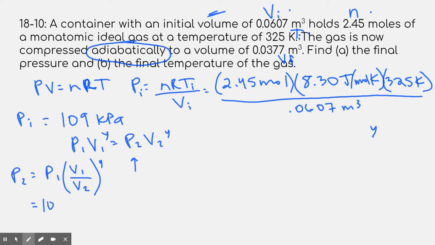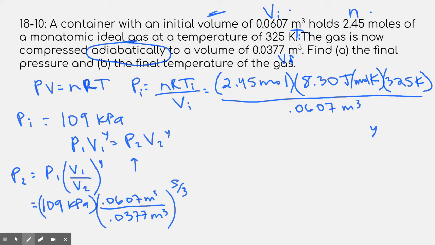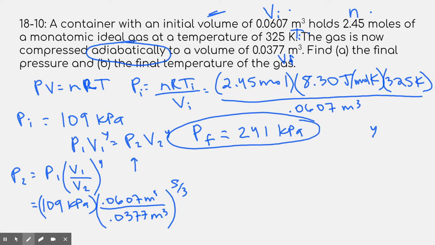The final pressure is going to be equal to 109 kPa multiplied by 0.0607 meters cubed over the final volume, 0.0377 meters cubed, and then this gamma has a value of 5/3. So that's how we know what to put here. When we solve, we find that the final pressure is equal to 241 kPa.